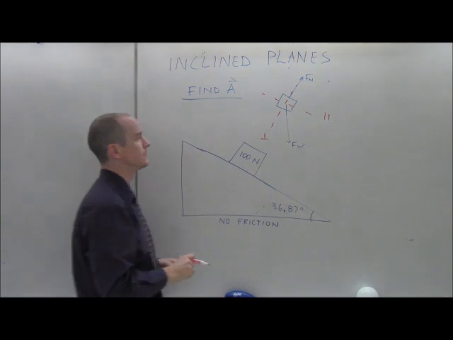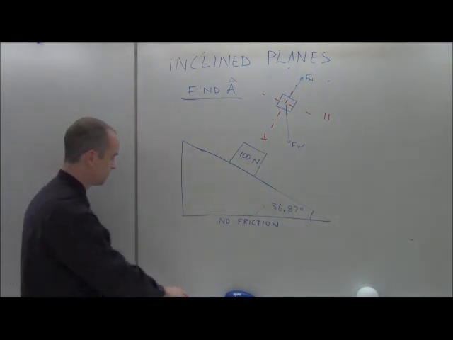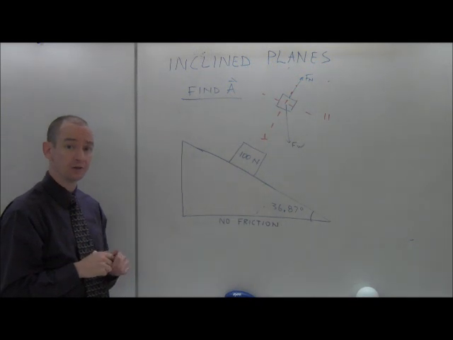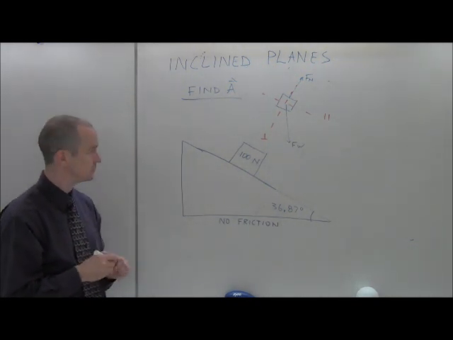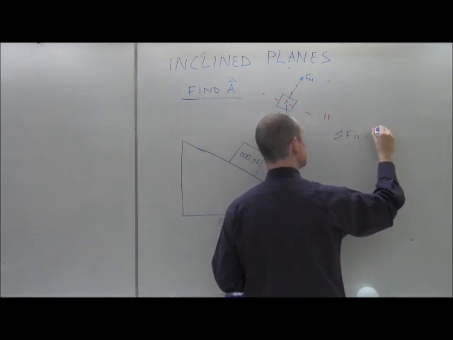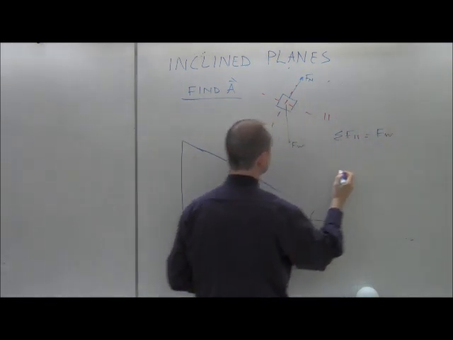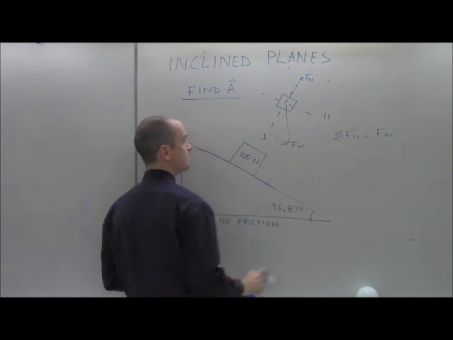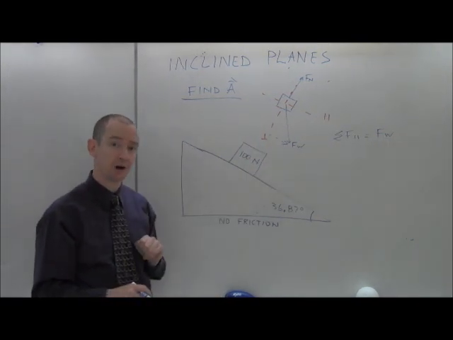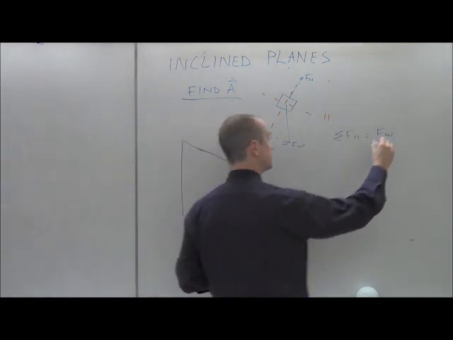Well, I clearly am going to accelerate in the parallel direction, so let's write an equation for it. The force of weight is helping me down the incline. What part of it? The parallel part.